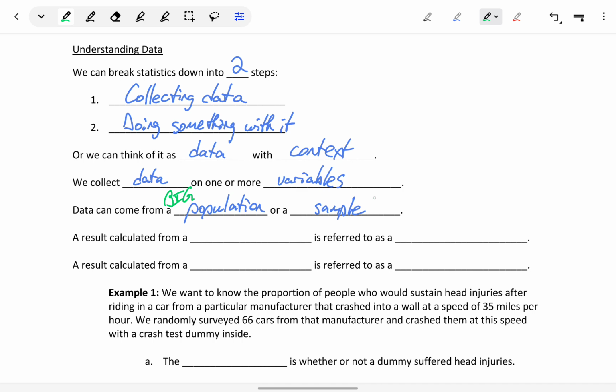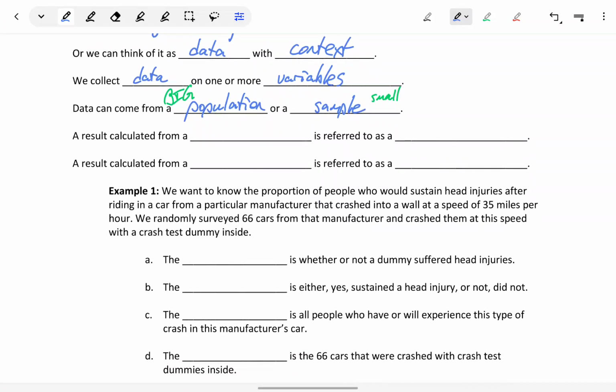A sample is some smaller group. We can't ask everyone the same question. There's not enough time to go out and ask every person in the world the same question. We can't run every single car that's manufactured through the same tests. So we look at some smaller group of that population, and we refer to that as a sample.